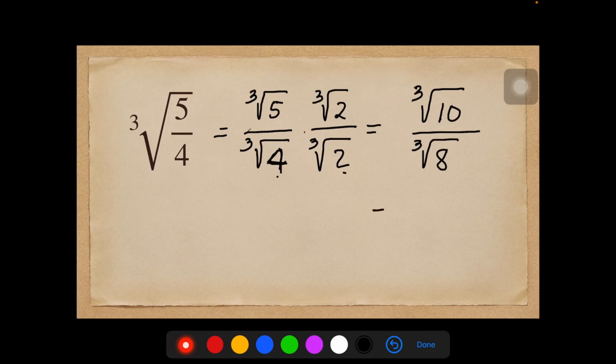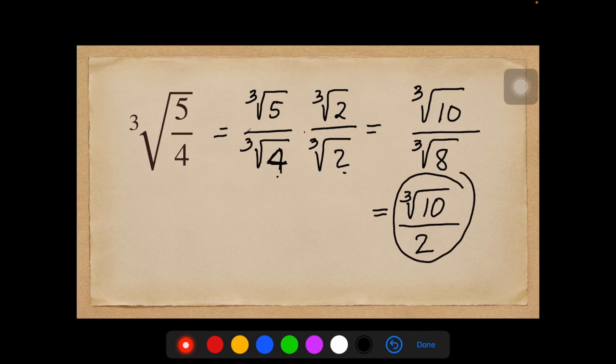Then, simplifying further, we have the cube root of 10. We can no longer simplify that one because there's no factor of 10 that is a perfect cube. But the cube root of 8 is 2. That's why we have this final answer: the simplified form of the cube root of 5 over 4 is equal to the cube root of 10 over 2.